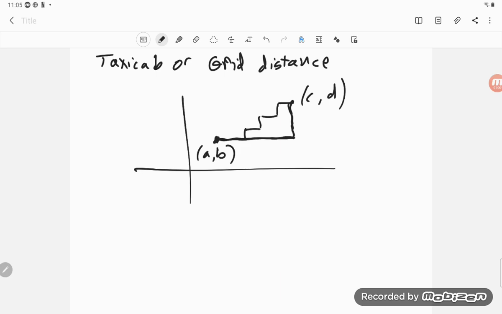It turns out the distance would be measured the same in both cases. I'm going to erase that.